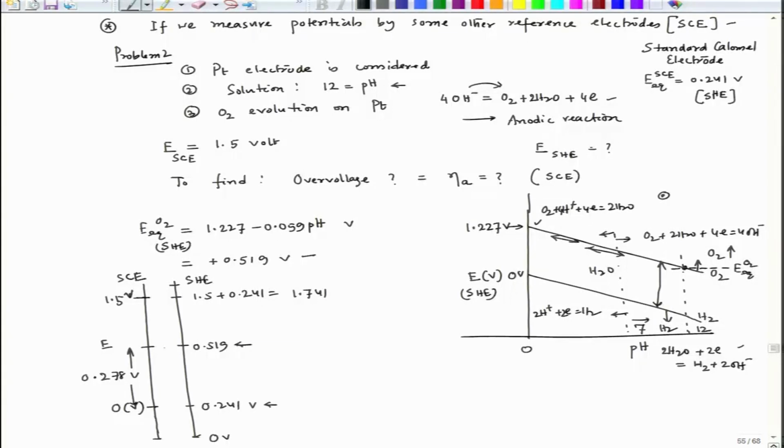The overvoltage, eta A, becomes 1.5 minus 0.278 equal to 1.222 volt.